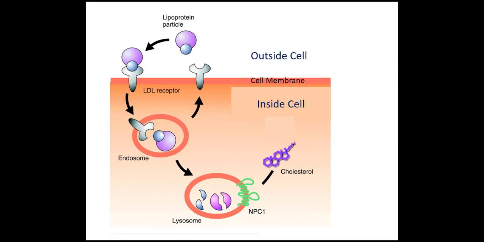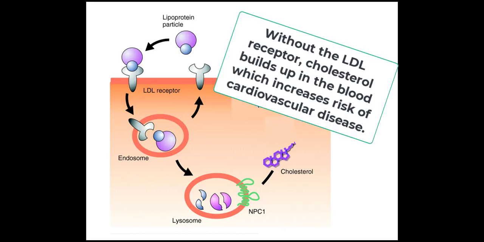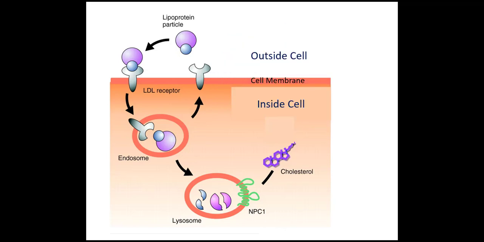That receptor allows LDLs to be removed from the blood. Without them, cholesterol builds up in the blood and your risk for cardiovascular disease increases. So you can see how good instructions for that primary structure of your proteins is essential.